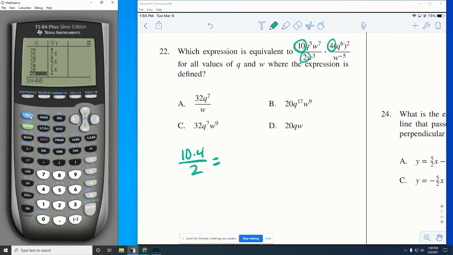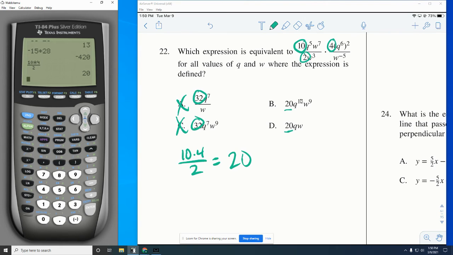I'm going to plug that into my calculator. And we get 20. So my big number needs to be 20, and I get that on B and on D. So just by knowing the big numbers, I've knocked out a couple answer choices.